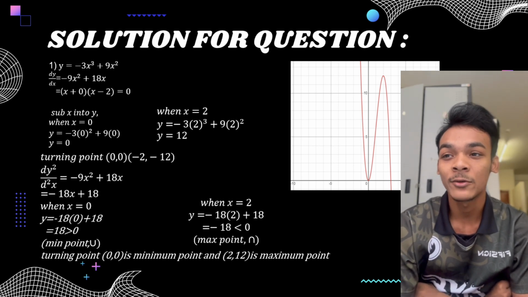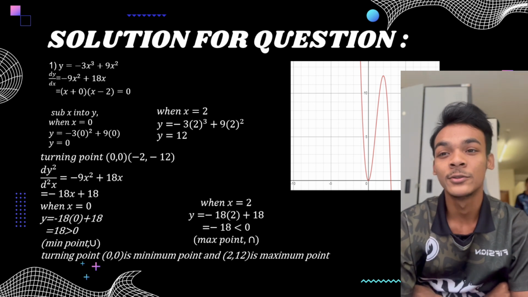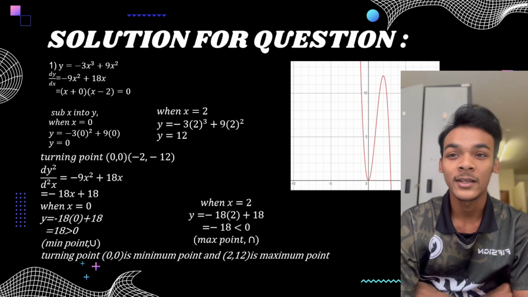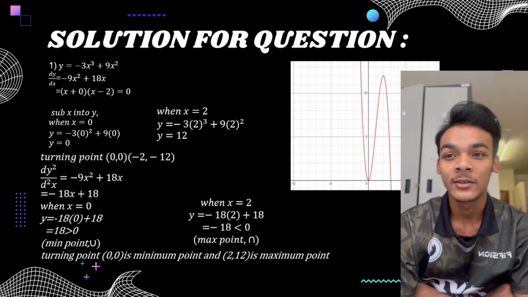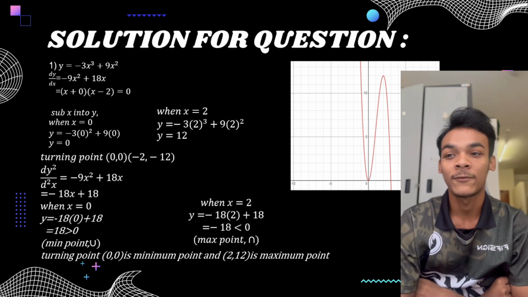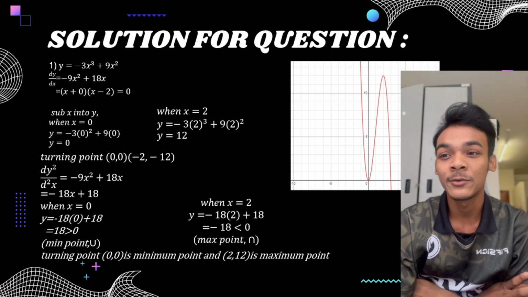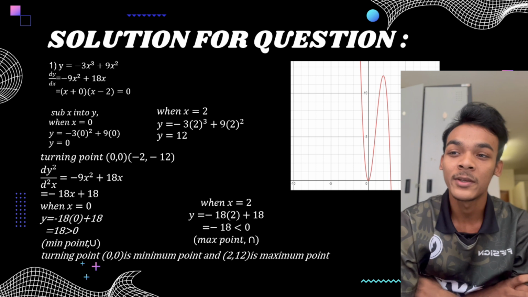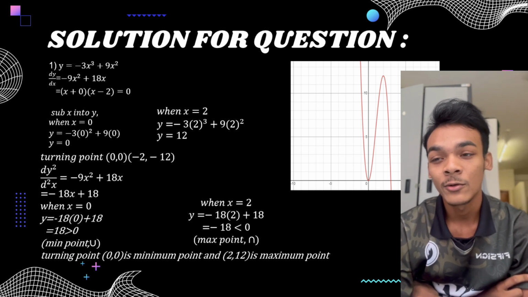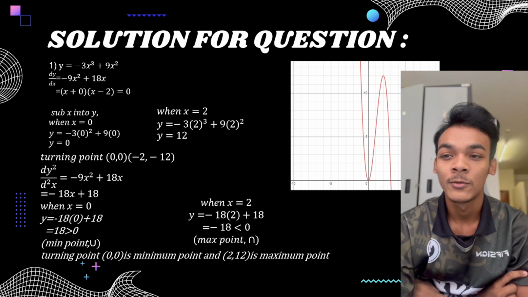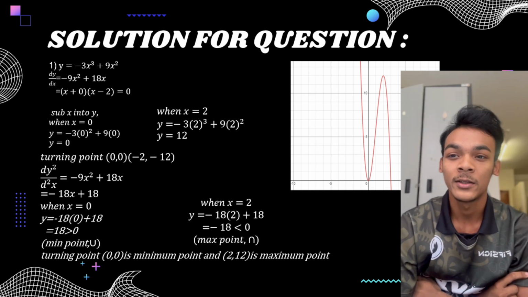When x is 0, y = 0. And when x equals 2, we get y = 12. So from the answers, we can determine that the turning points are (0, 0) and (2, 12).